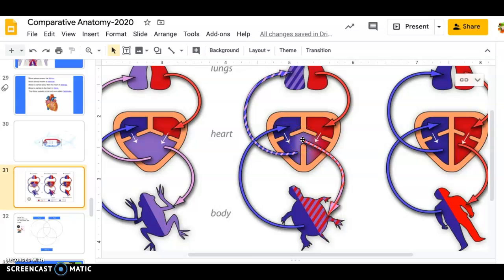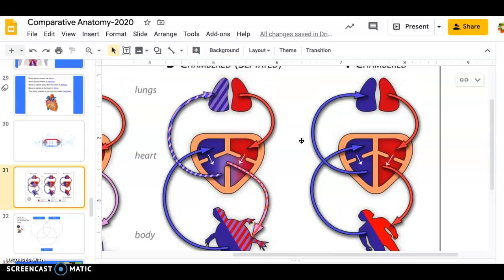That hole can still be found in a lot of human beings today, and it results in things like blood clots and strokes, but little tiny holes may still even exist in humans today where the wall isn't totally sealed off, okay? But the growing of the wall between the two ventricles really limits how much blood is mixed.